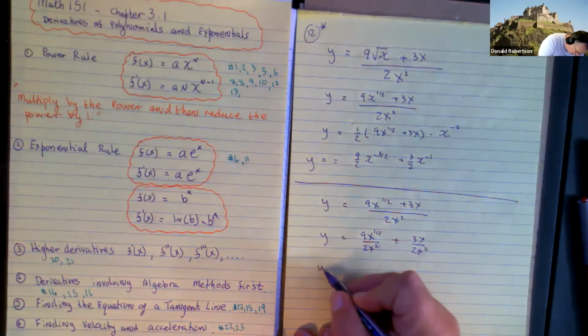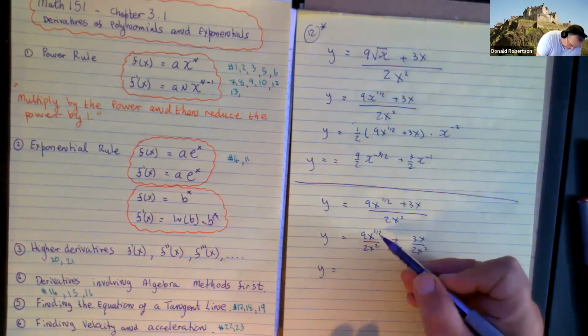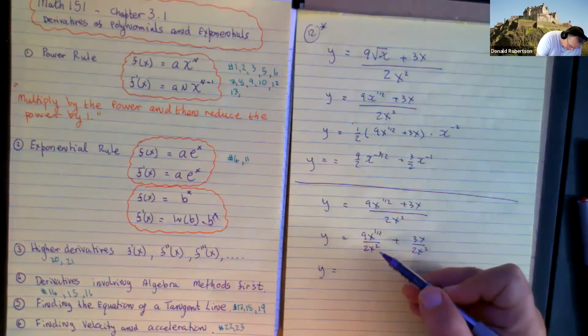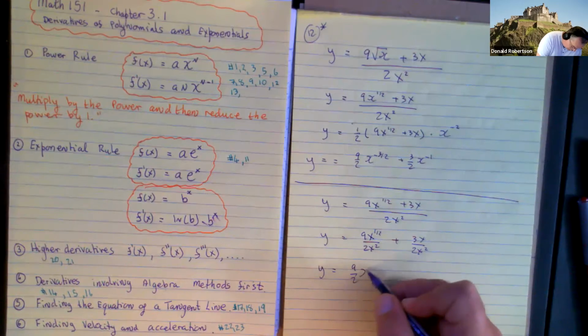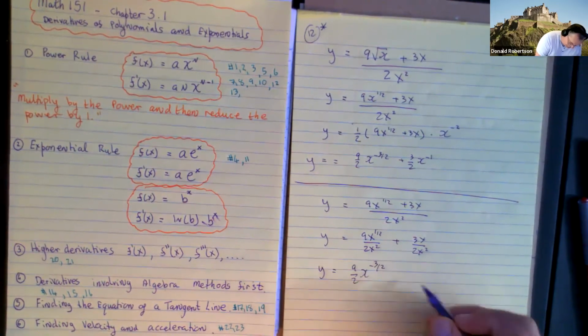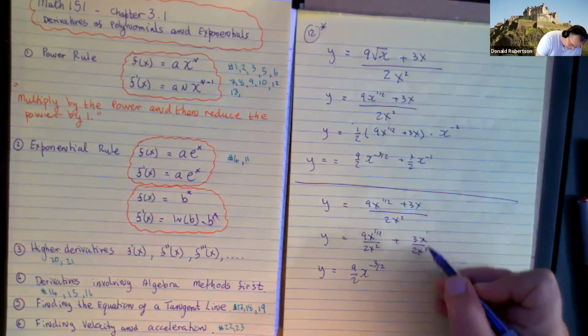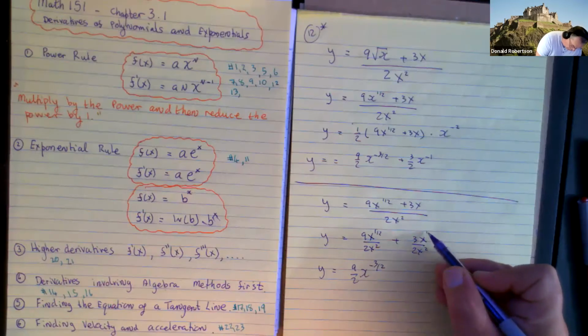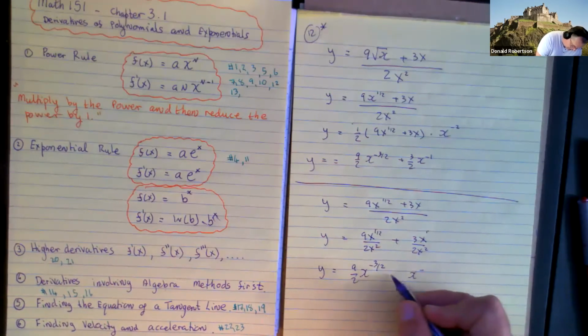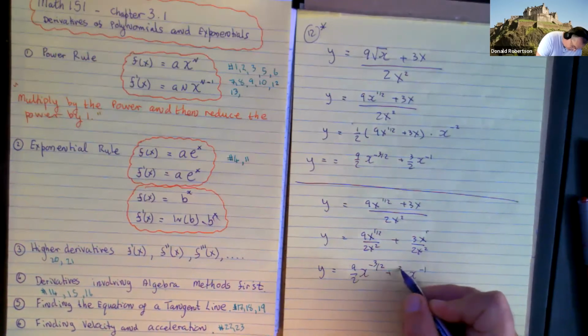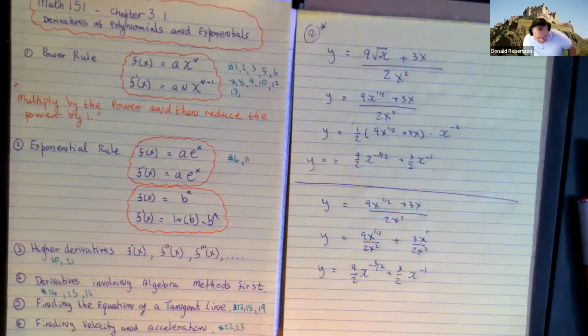And then what I would do is say, okay, a half on the top, an x squared on the bottom, 1/2 take away 2 gets you -3 halves. An x to the 1 on top, an x squared on the bottom. Top power take away the bottom gets you -1. And you have 3 halves.